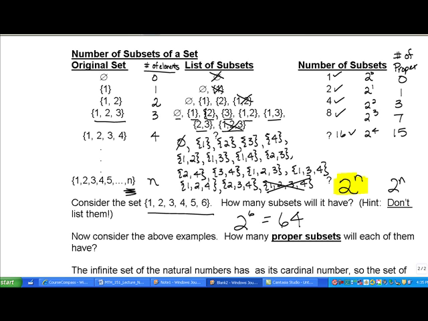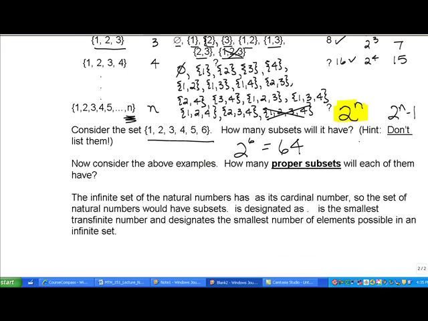And in general, the number of proper subsets is 2 to the n, and then subtract 1. So in this case we would have 63 proper subsets.